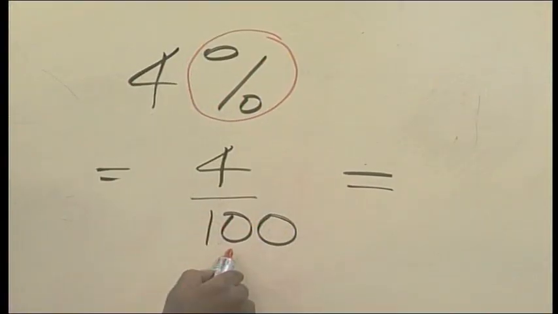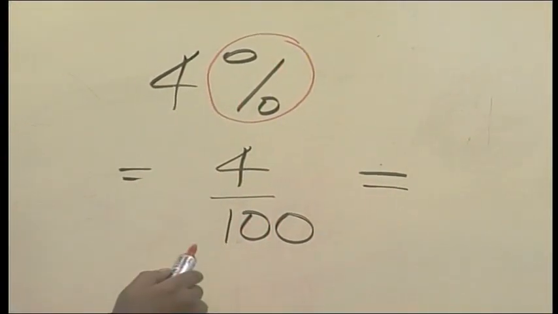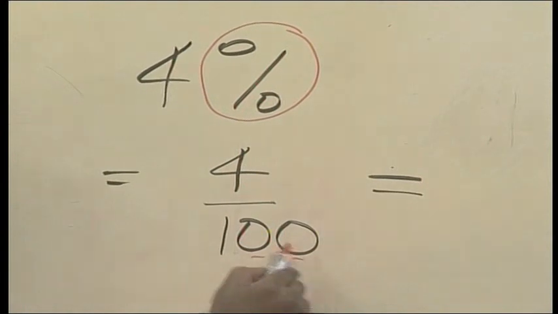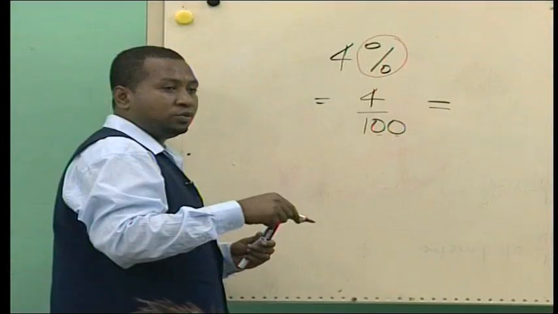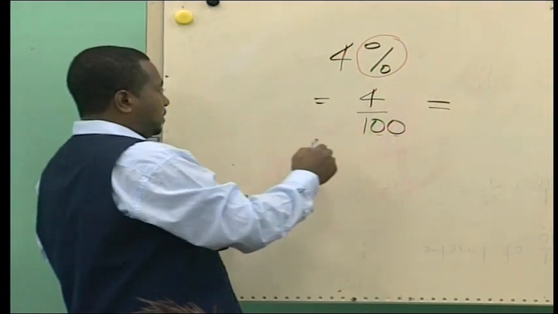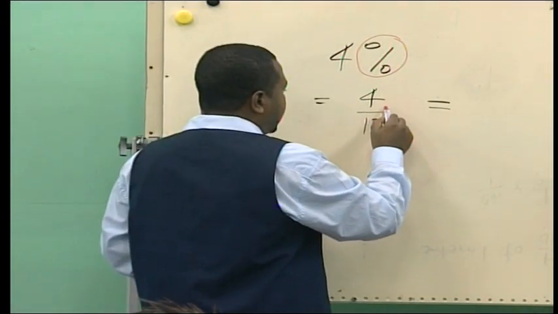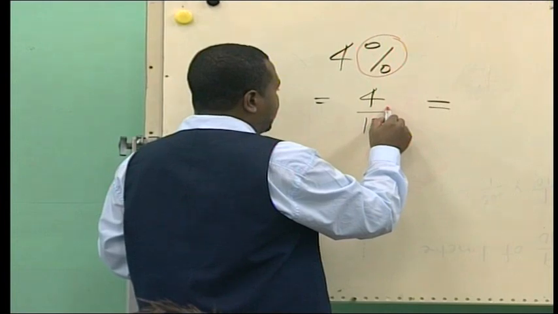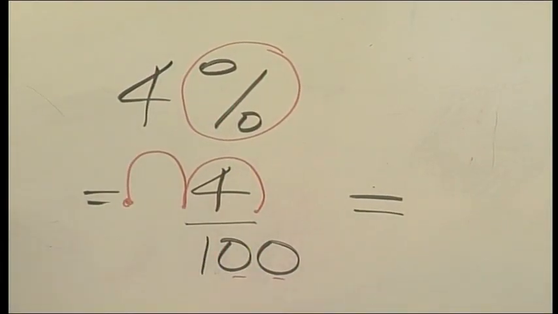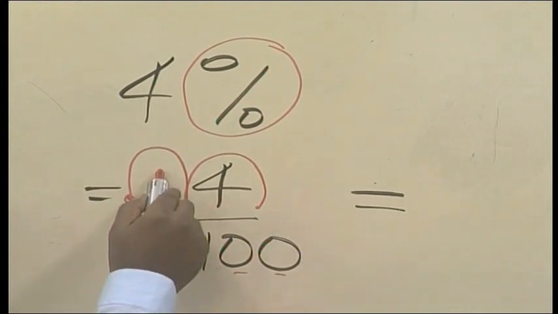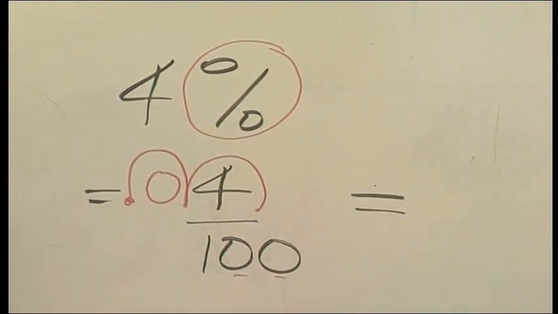As you can see, how many zeros does 100 have? 2. 1, 2. So we have to move 2 places to the left. So we'll start from where it says here, then we're going to move 2 places. 1, 2. So in this missing space here, we're going to have what? 0.